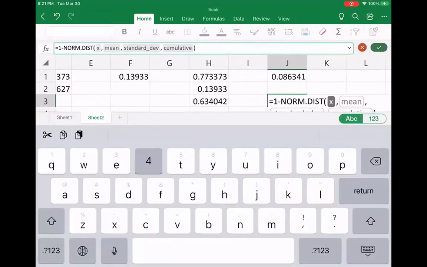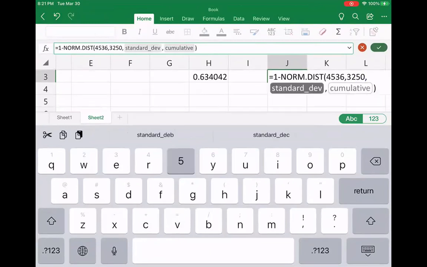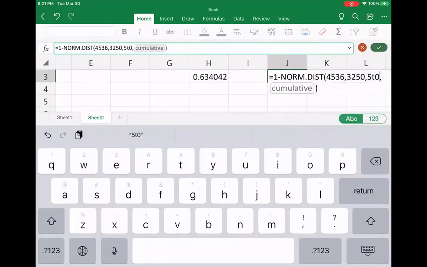The mean is 3,250. Standard deviation was 550. And then the cumulative is set to true. Press that.